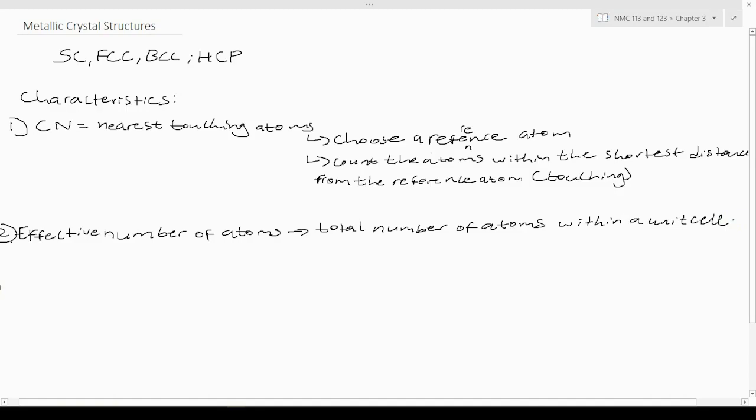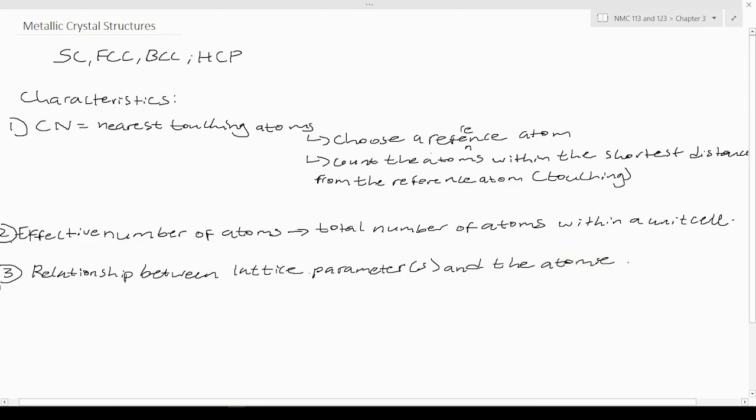And then the third characteristic we're also going to be looking at is the relationship between the lattice parameter or parameters and the atomic radius.